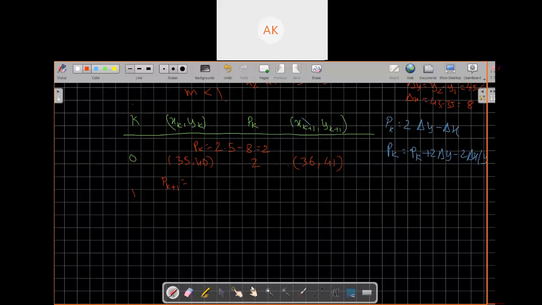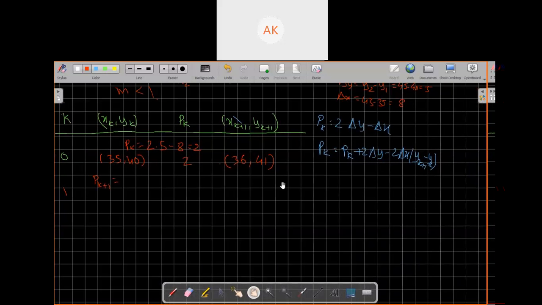What is the equation? pk, which is 2, plus 2 delta y, delta y is 5, minus 2 delta x, delta x is 8, multiplied by (yk+1 minus yk). yk+1 is 41 and yk is 40.